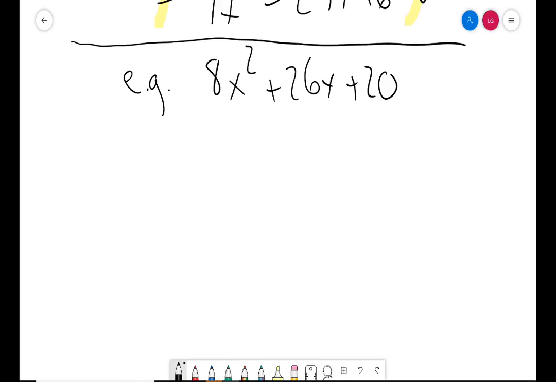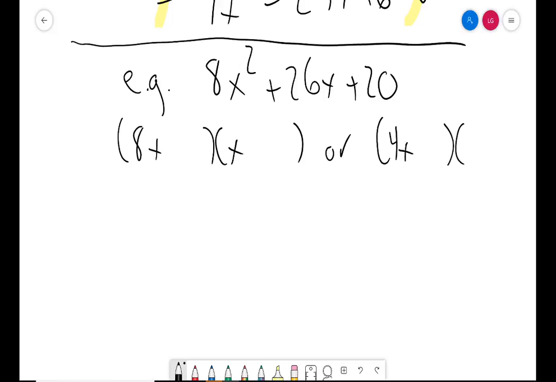So we're looking at pairs of factors and how they interact with each other to see if we can get the plus 26 in the middle. So right off the bat, I'm looking at either something like this or something like this, because 8 only has 2 pairs of factors, 8 and 1, or 4 and 2.